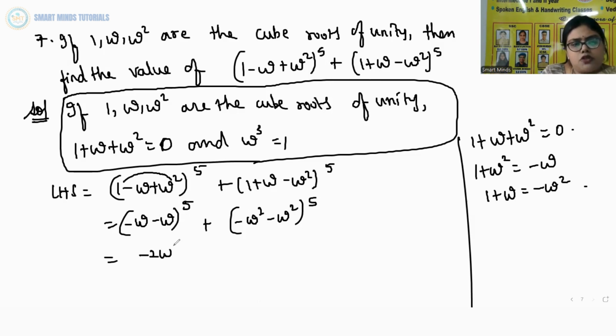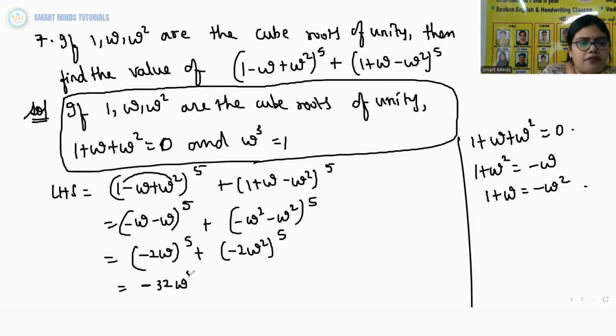That is (minus 2 omega) whole power 5 plus (minus 2 omega square) whole power 5. Minus power 5 is minus, 2 power 5 is 32, omega power 5. Minus power 5 is minus again, 2 power 5 is 32, omega square whole power 5 is omega power 10.